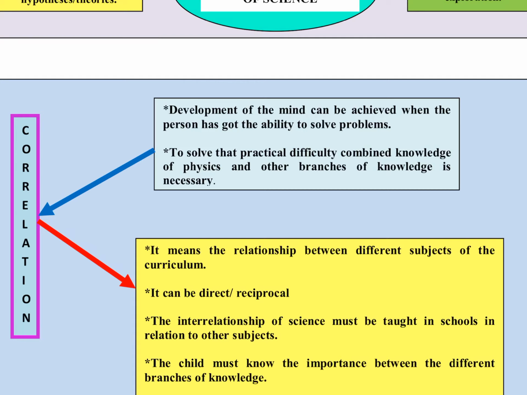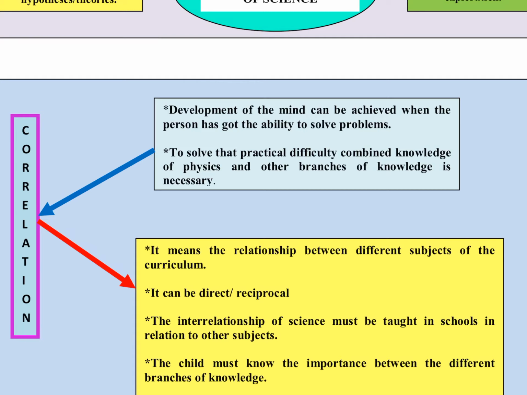Problem solving is a very important skill which is enhanced while learning science. When we start to solve problems, the mind also starts to develop. Mind and intellect both get stronger.